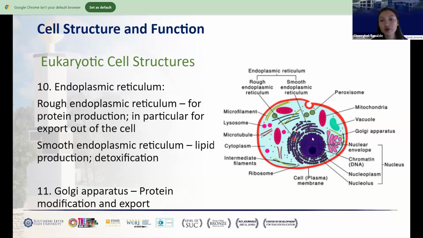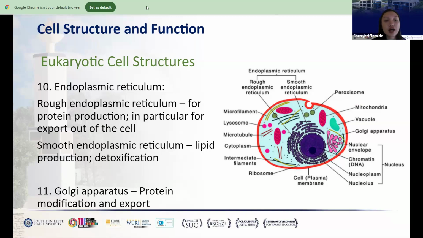Kaya siya parang ganun kung titingnan sa microscope. So, parang after gumawa ng protein ng ribosomes, sinasaksak niya doon sa rough endoplasmic reticulum because it's the rough endoplasmic reticulum that packages it for the transport of that protein to the next organelle.